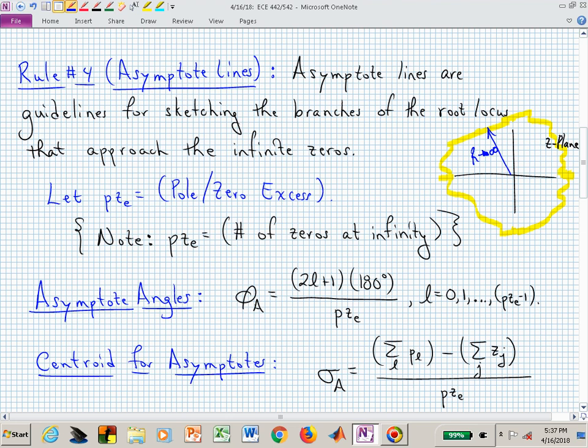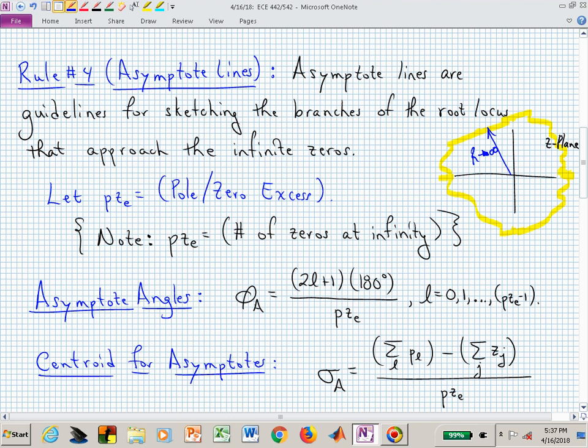If we start with little l, the index on those angles being 0, then we're going up to p sub z minus 1 of those L indices. If we had a pole zero excess of 3, then L would be from 0 to 1 to 2, which is 3 minus 1.